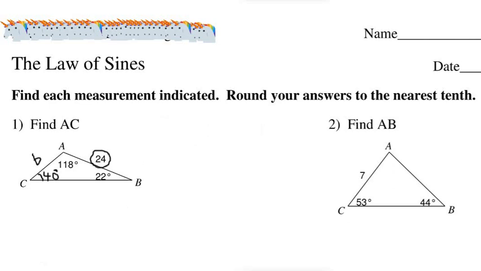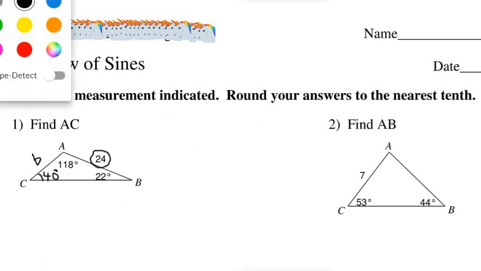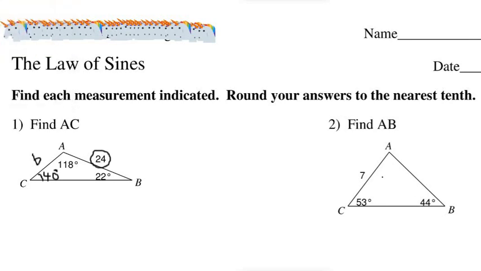All right, so first we need to label very nicely. The angle C is 53 degrees, so this must be side c, and we have 44 degrees, and so 7 must be side b. That must be 7.